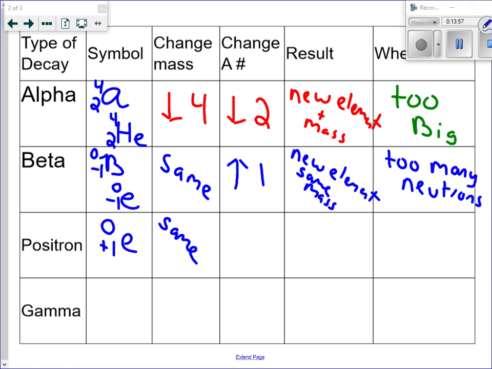Positron emission is going to make that atomic number go down by 1. Which means, once again, we have a new element at the same mass.